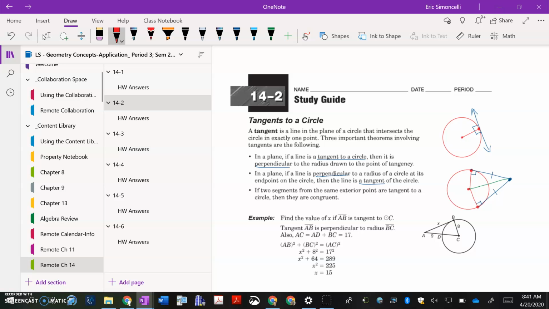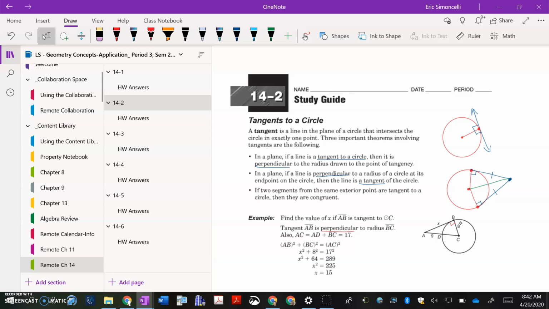Example, find the value of x if AB is tangent to circle C. I'm going to draw in the picture a right angle because the radius of 8 and the tangent AB form 90 degrees. Now they do say that here in the first sentence, which is great. Tangent AB is perpendicular to radius BC. Again, as I've noted earlier, the segment is noted as 8 units.